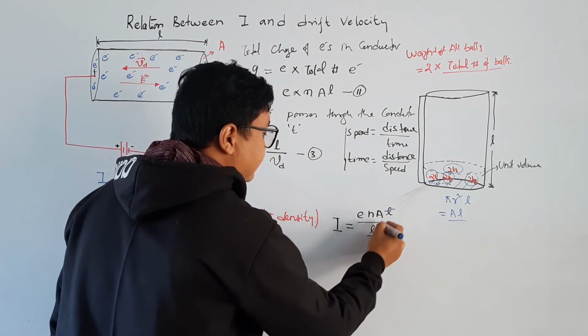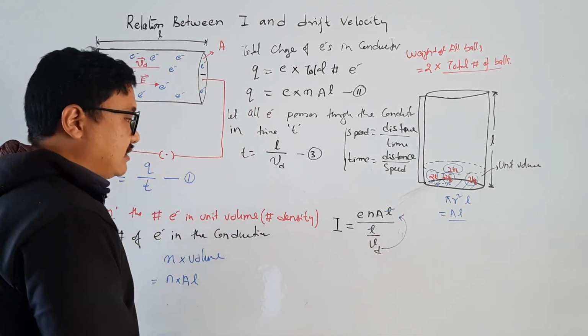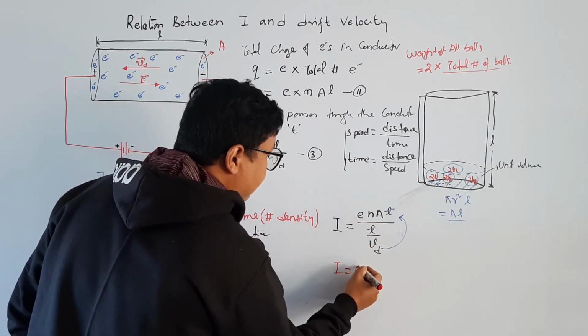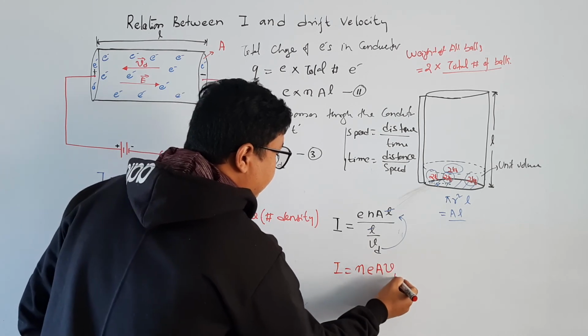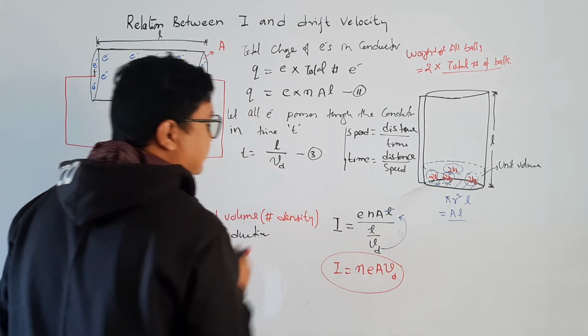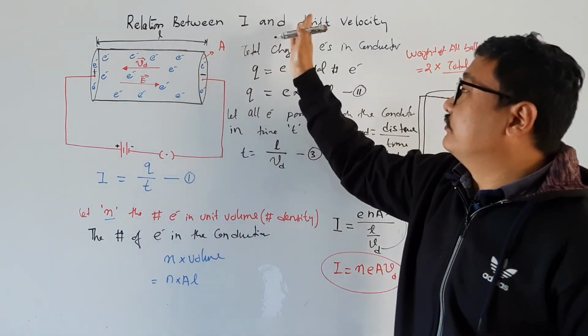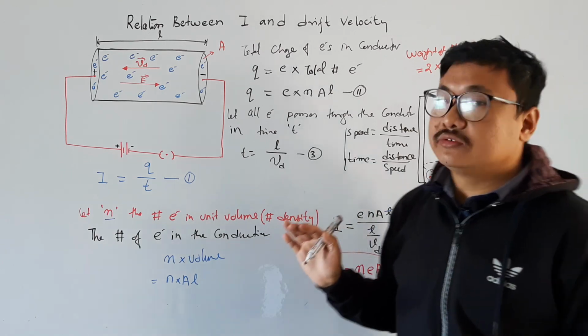This L and this L cancel, and V d goes up as a multiplicative inverse. Then I is equal to N e A V d. So this is the relationship between the current and the drift velocity. This is the simplest derivation that you can find.